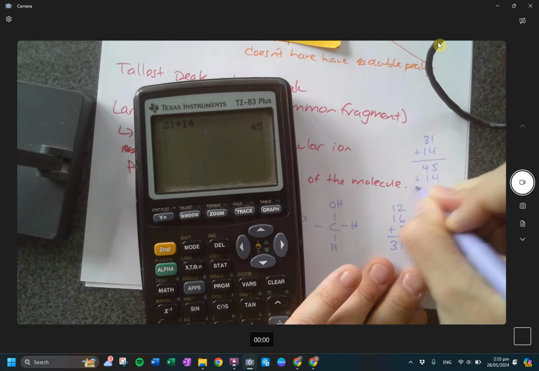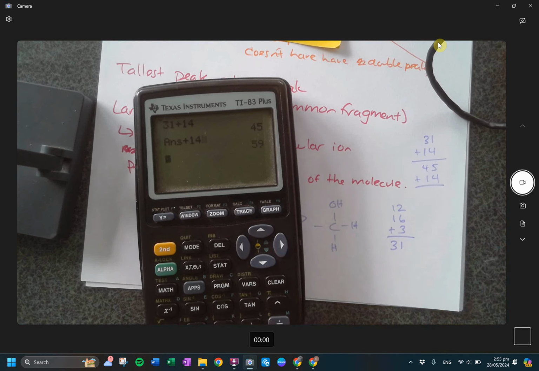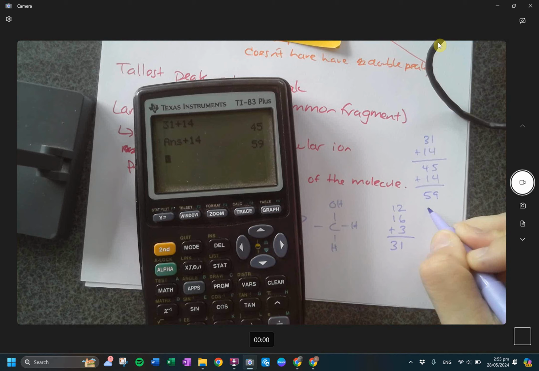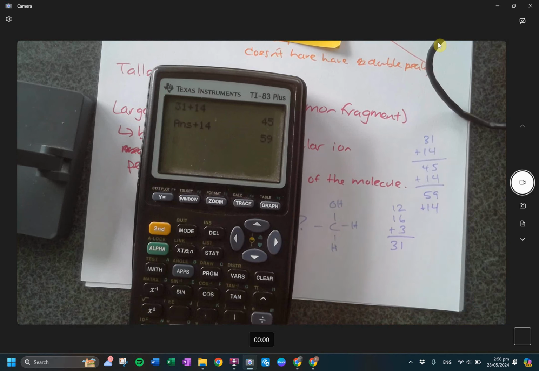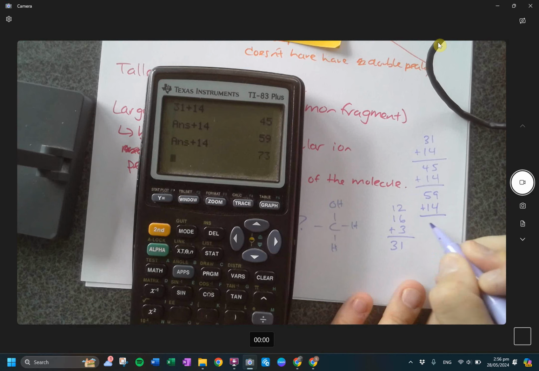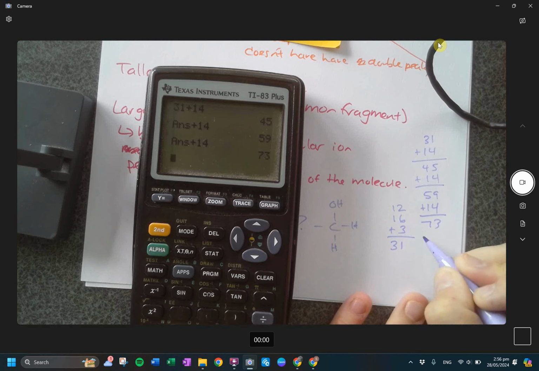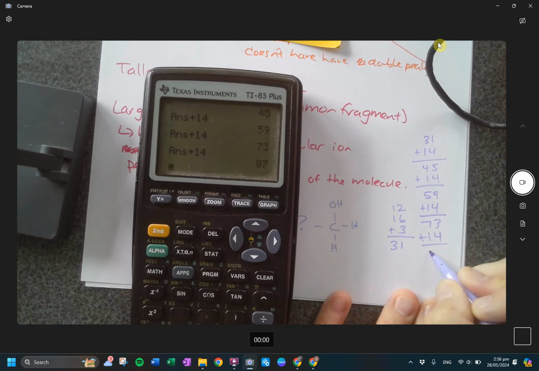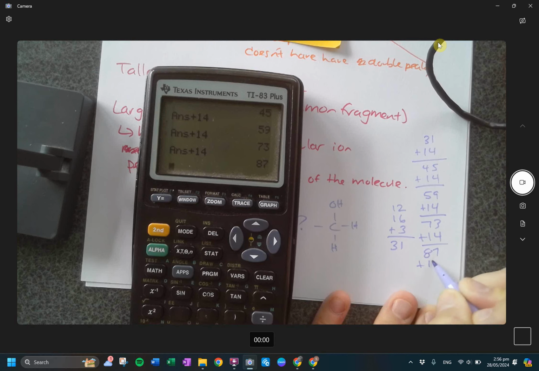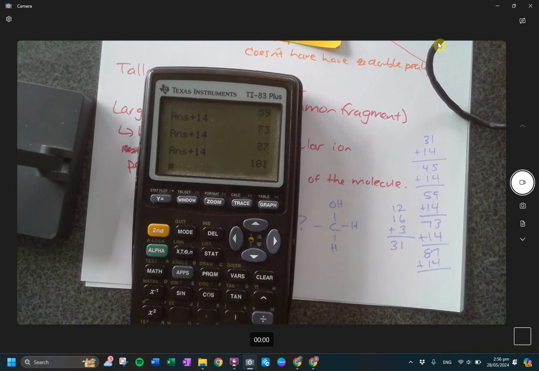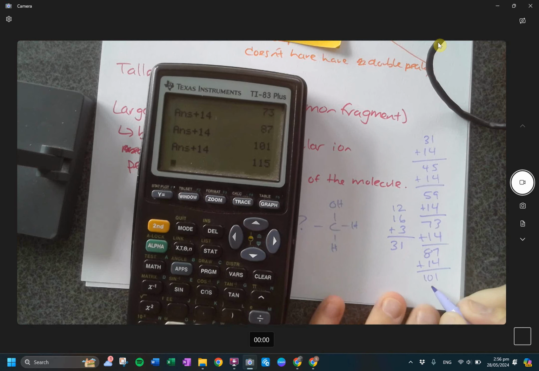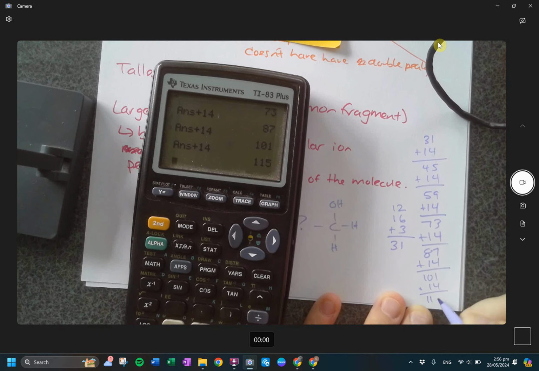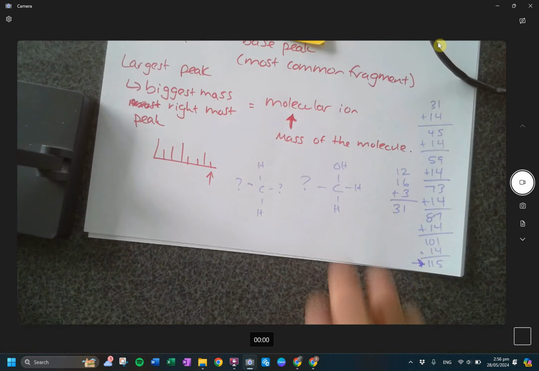If I add another 14, I'm at 59. I add another 14. You're going to need a calculator for this topic. It's 73. I add another 14. That's 87. I add another 14, 101. Add another 14, I'm at 115. And now I am 1 away from my molecular ion.